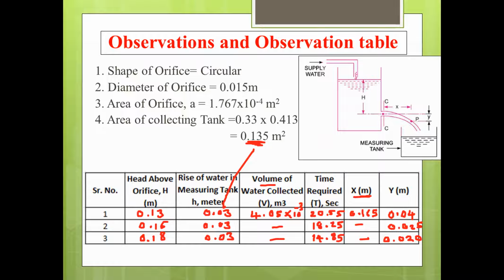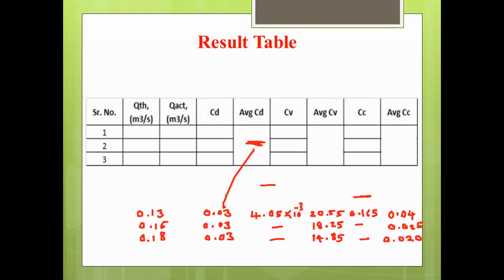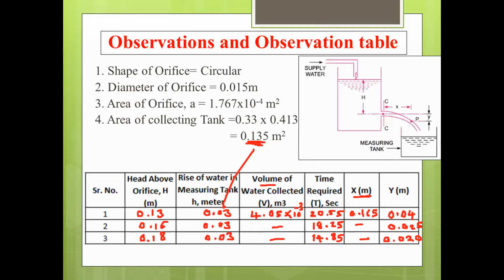2 into 9.81 into, now what is the value of h? 0.13 for the first reading, right? 0.13, bracket complete.